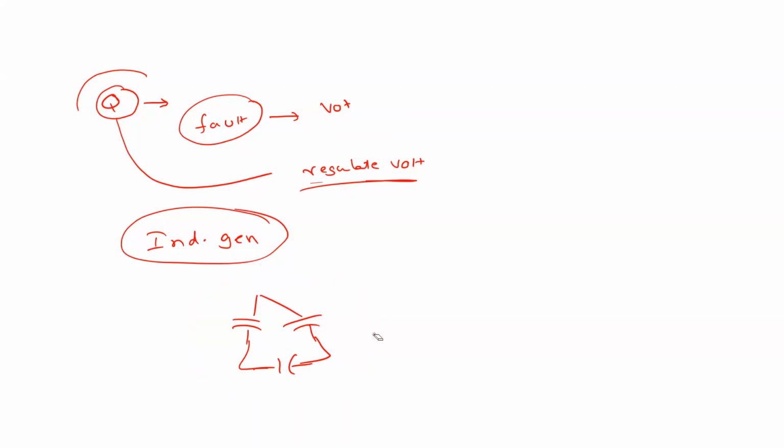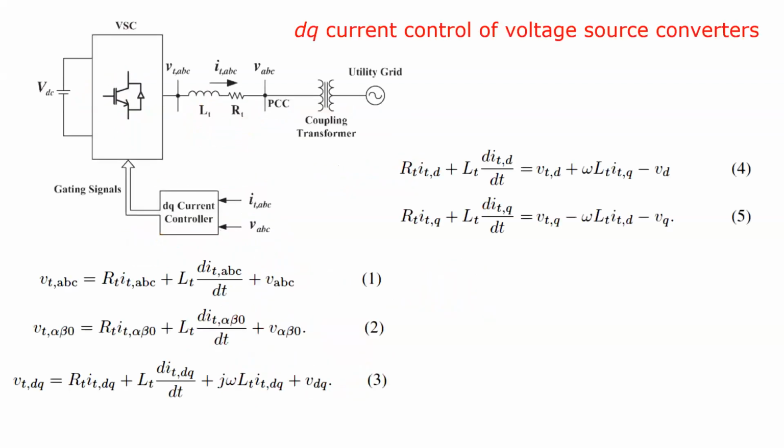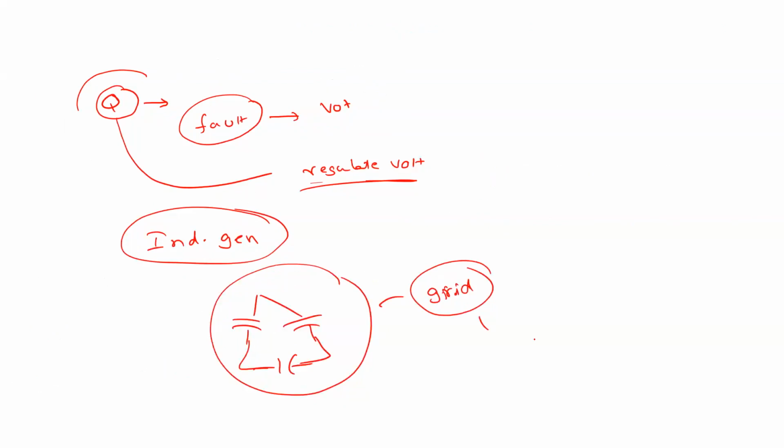So therefore, when it is connected to the grid, whatever reactive power is required for the induction generator is provided from this control of Q.